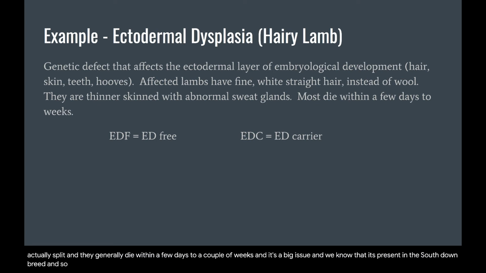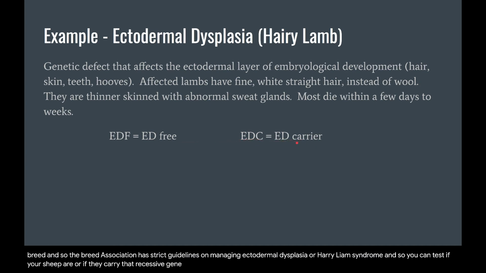And so the breed association has strict guidelines on managing ectodermal dysplasia, or hairy lamb syndrome. And so you can test if your sheep are free of the gene or if they carry that recessive gene for hairy lamb syndrome.